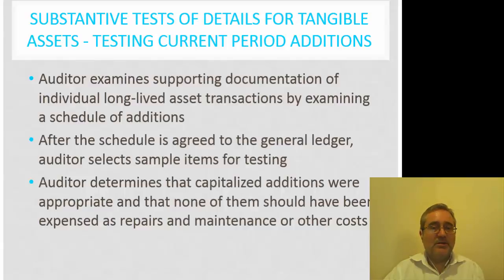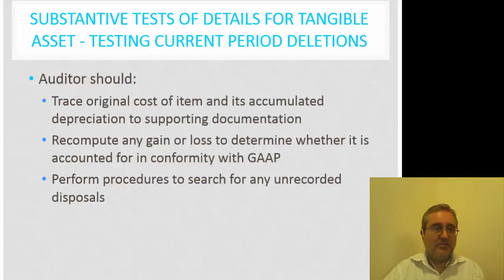So the auditor needs to determine that capitalized additions are appropriate and that none of these should have been expensed as repair, maintenance, or other period cost. And many times this actually takes a physical examination of what's actually taking place.